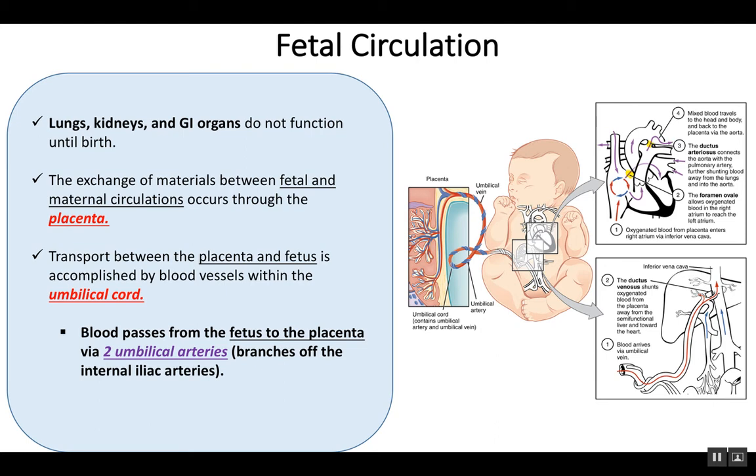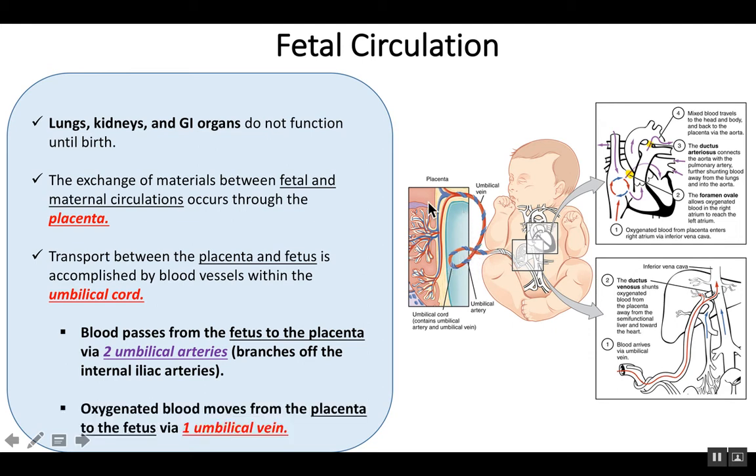Then the question is, how do we get blood back to the placenta? Well, that's done using 2 umbilical arteries. And these 2 umbilical arteries are going to come off of the fetal internal iliac arteries. Since there are 2 fetal internal iliac arteries, there are 2 umbilical arteries that go back to the placenta.